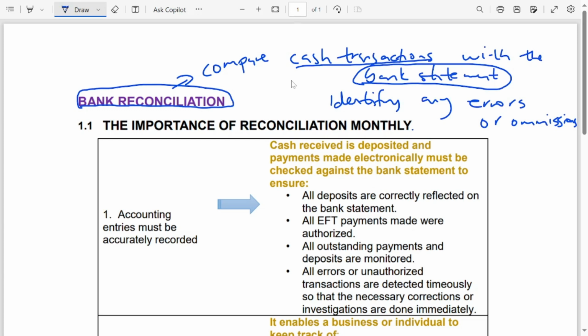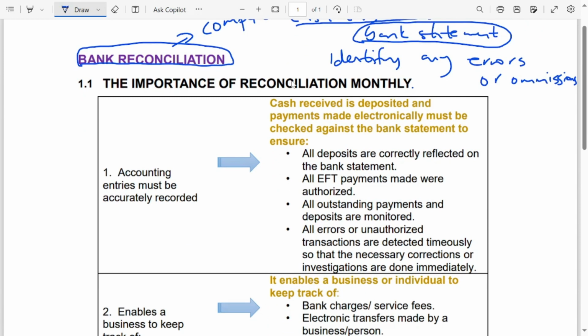Now, let's continue. The importance of the reconciliation monthly. Why are we doing the reconciliation monthly? Like I said, we want to identify the errors and omissions.